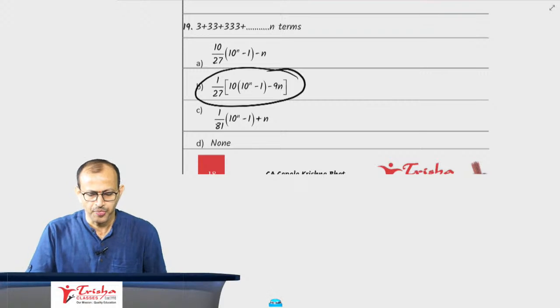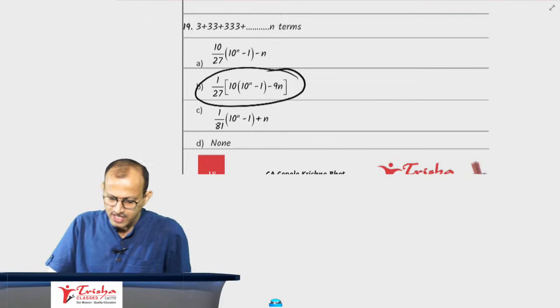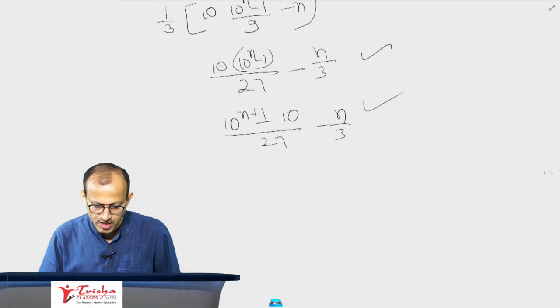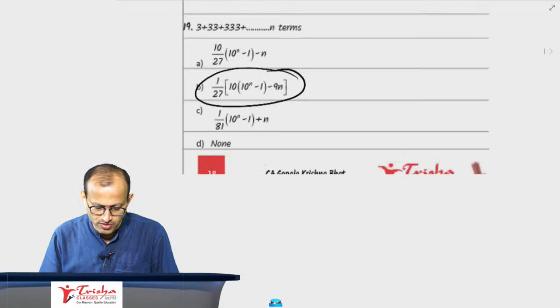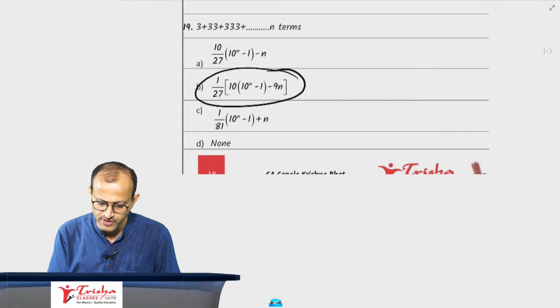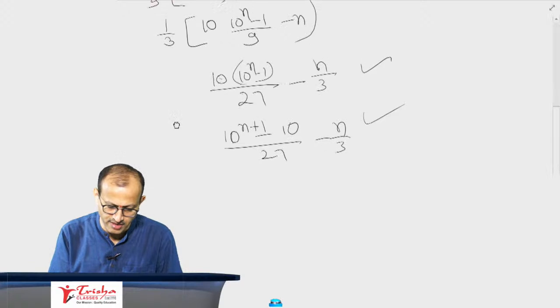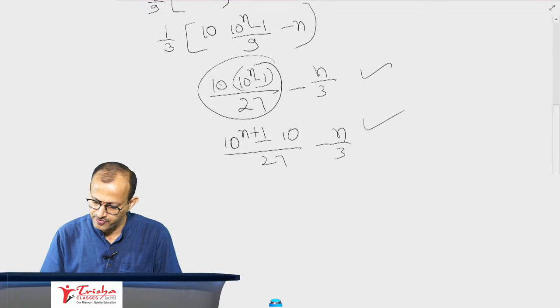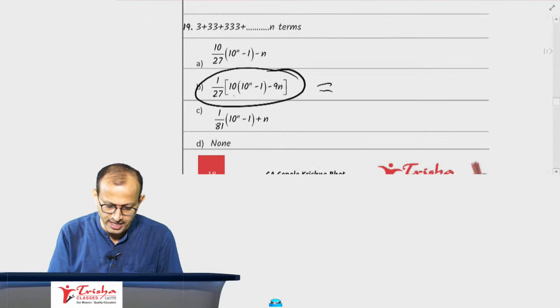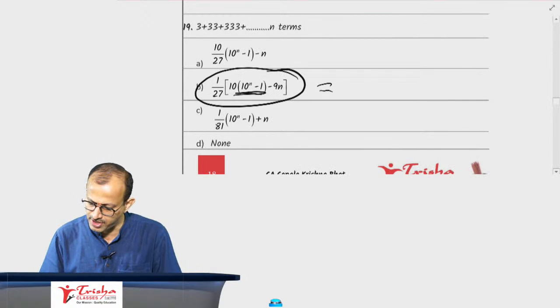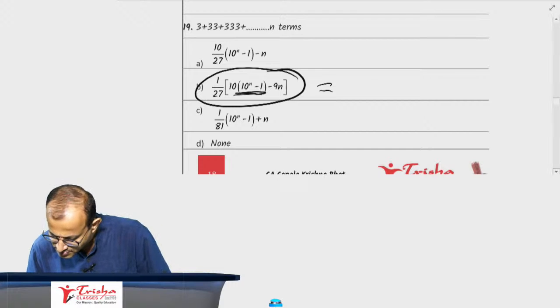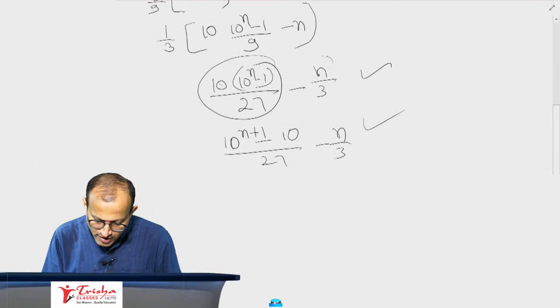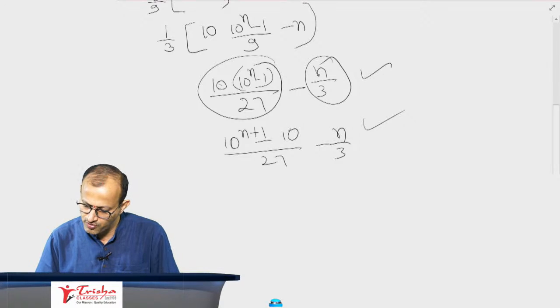Okay. Let us verify whether this answer and what we got is same. What is that answer given to you? 1 by 27. Let us verify. Here also we got 1 by 27. So this is same. 10 into 10 to the power n minus 1 by 27, same. But instead of n by 3, what is there?